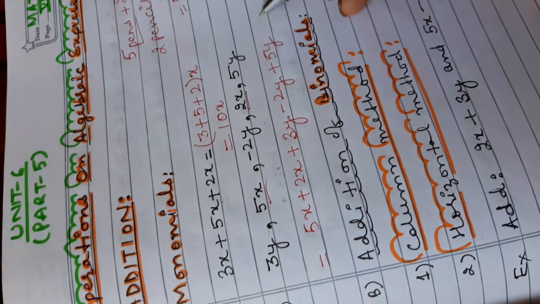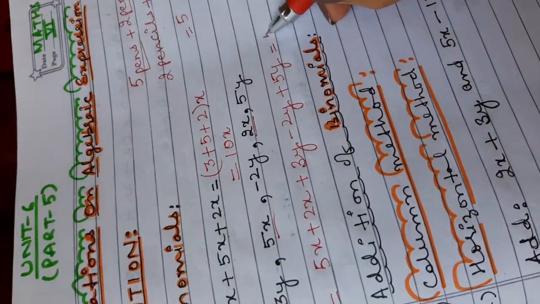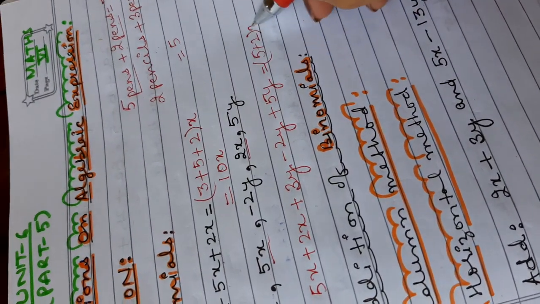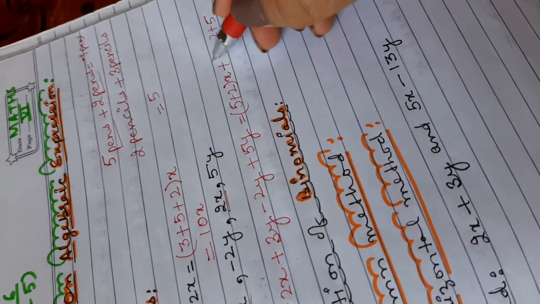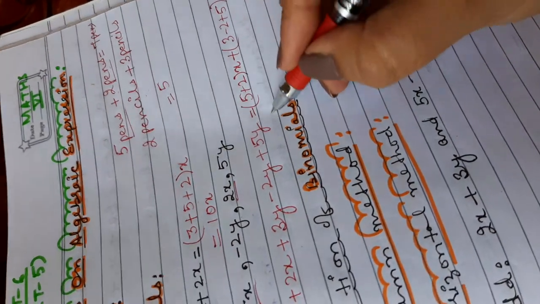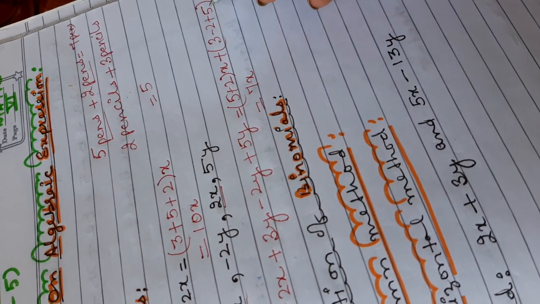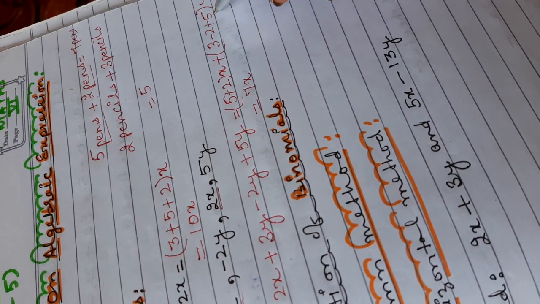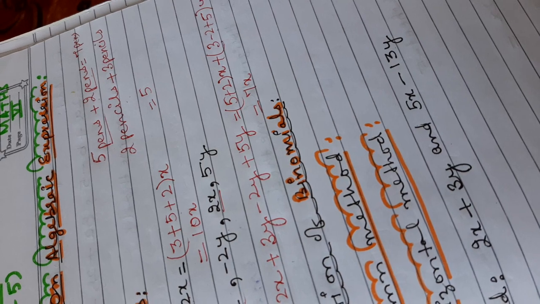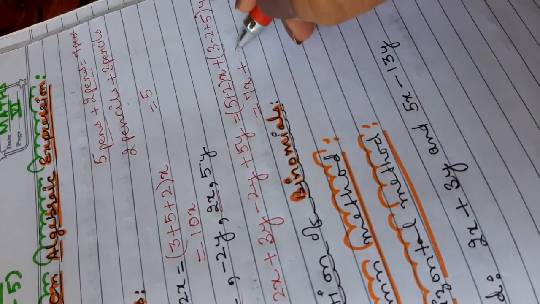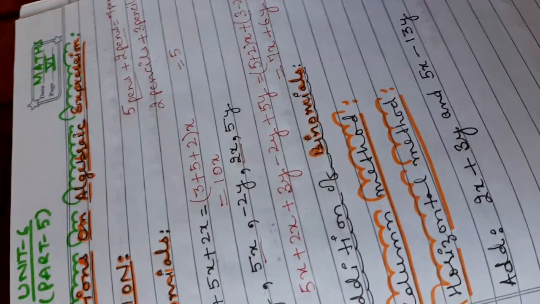So, you can do it directly also and you can separate the numeral part also, 5x plus 3 minus 2 plus 5y. So, your answer will be 5 plus 2 is 7, 7x, and here we have to add these three first. 5 plus 3 is 8, 8 minus 2 is 6. So, plus 6y here. So, the answer is 7x plus 6y.